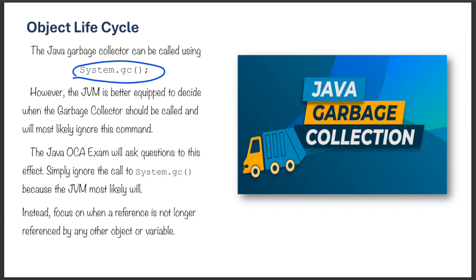The JVM is better equipped to decide when the garbage collector should be called, and it usually ignores this command when you call it. The Java OCA exam will also ask questions to this effect, so simply ignore System.gc anytime you see it, because that's what the JVM will do. Instead, let's keep our focus on when an object is no longer referenced by a variable.